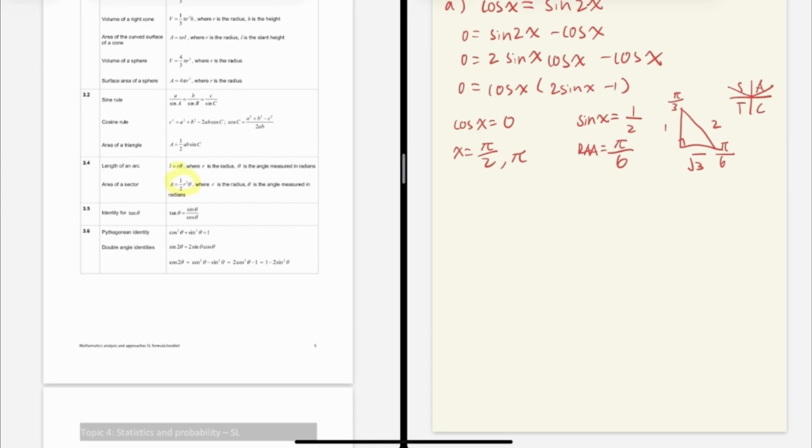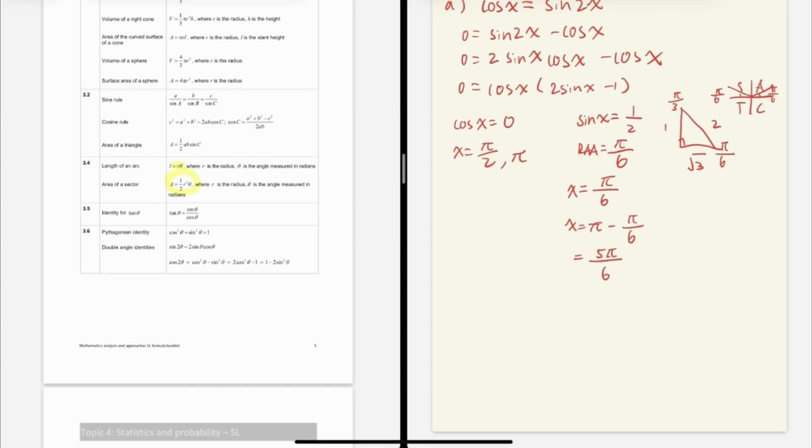So knowing that these angles are pi over 6, we know that x equals pi over 6 and x equals pi minus pi over 6, which is equal to 5 pi over 6.